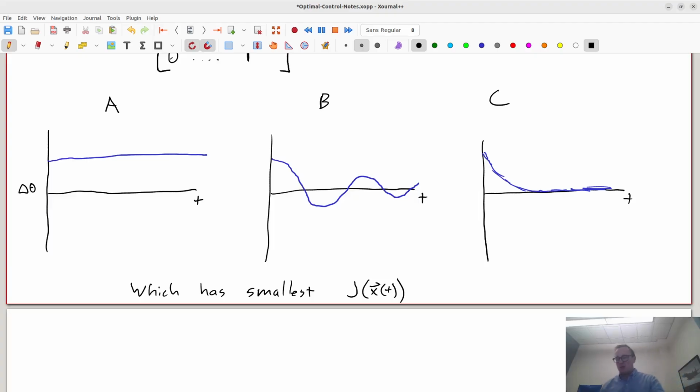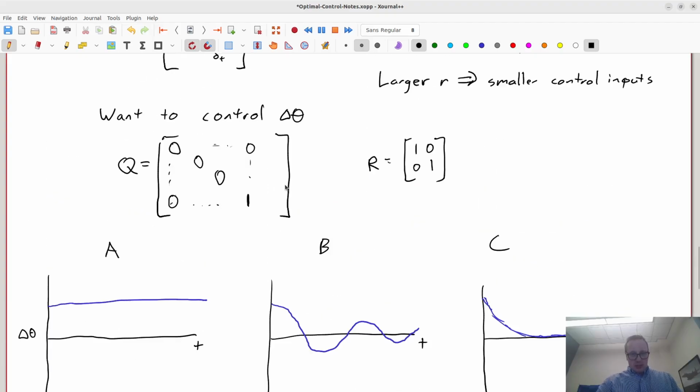So which has the smallest state component of the objective value? Okay, so take a guess at that. So if we use this Q up here, let's call this Q sub theta and R sub theta.